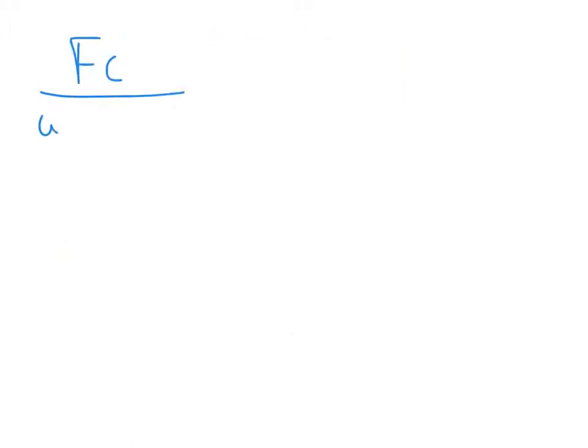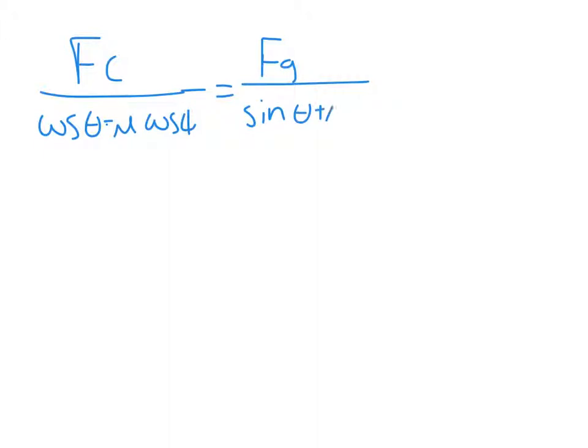Fc over cosine theta minus mu cosine phi equals Fg over sine theta plus mu sine phi. One thing you will notice here is that the phi and the mu go with each other because remember phi went with friction.